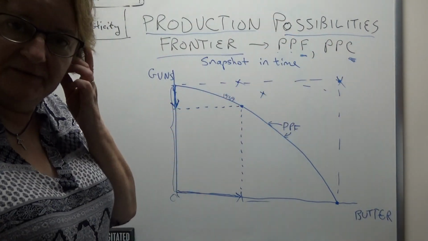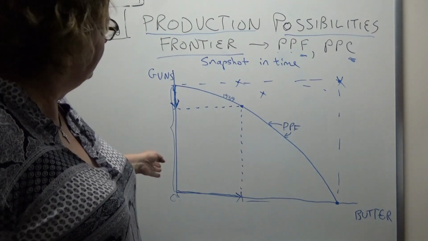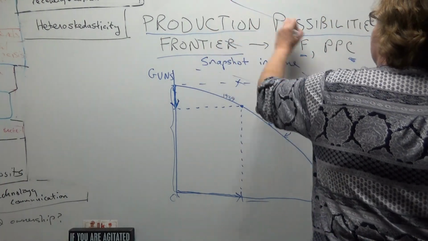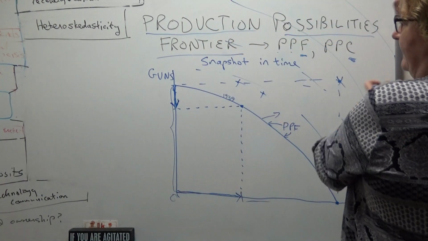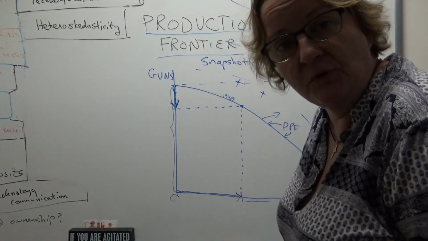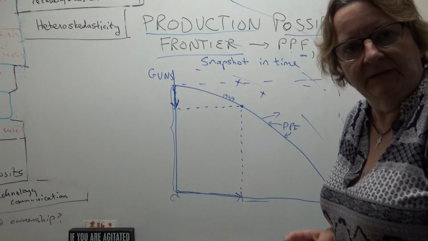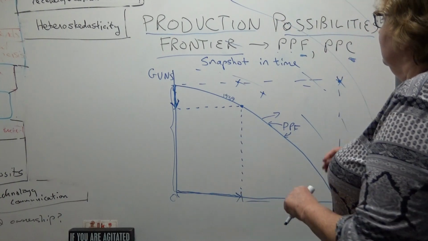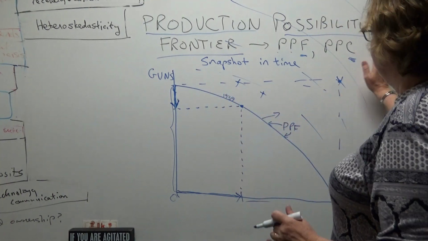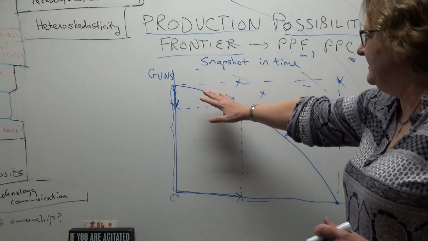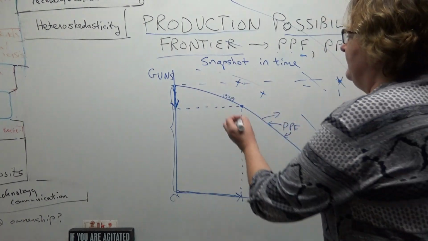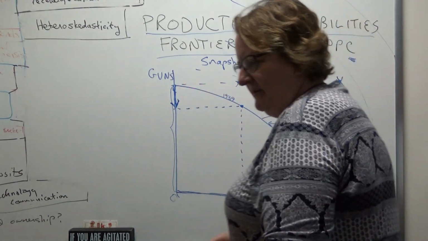I'm on the top floor, and we would find that over time the PPF has moved out, and it's way out there, many times more. We can produce more stuff. Okay? But at the time we're looking at, in that snapshot in time, we're stuck with this PPF, and this is the utmost edge if we're extremely efficient. In fact, we could write that word efficient. Let me use a different color.